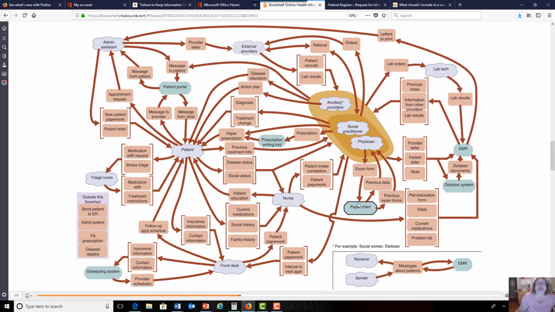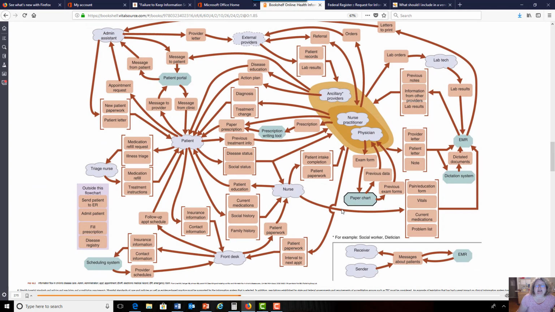Now, this one's fun. This is just looking at a patient with a chronic illness. How is this patient managed? You can see over here you have the patient, and on this side you have the providers. So you have your administrative assistant sending messages to and from the patient and monitoring the patient portal and generating letters and appointment requests, medication refills, and so on.